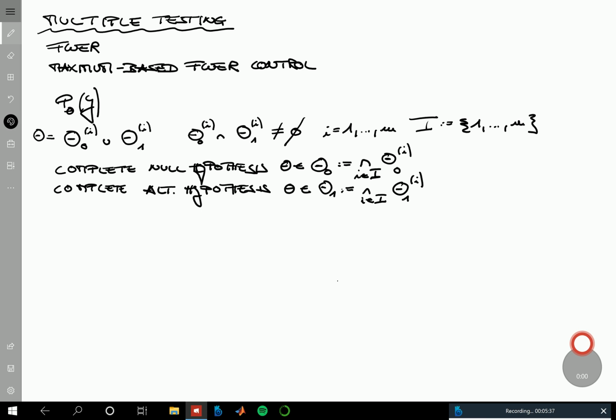And then we also introduced the partial alternative hypothesis scenario. That's how we call it.